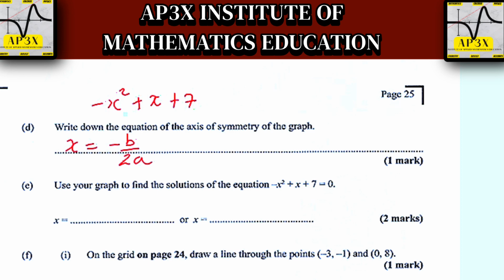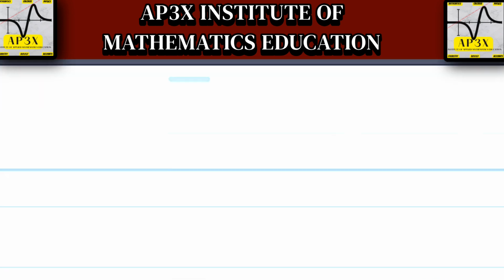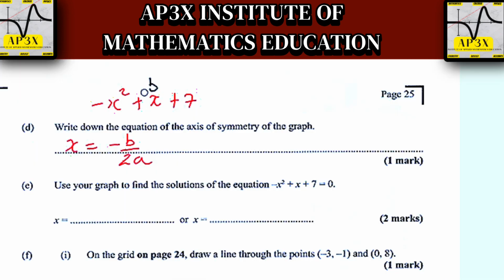So the b value is here, the a value is here, and the c value is here. So x is equal to minus 1, because there's a 1 in front here, divided by 2 times minus 1.